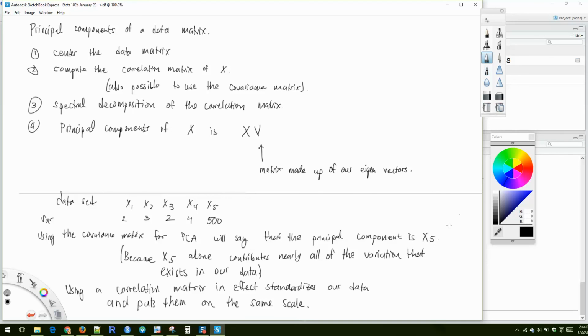So when we look at the loadings matrix, this tells us the linear combinations of the current variables that make up our principal components.